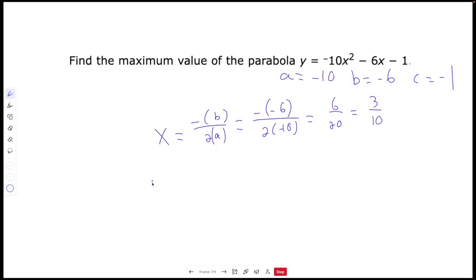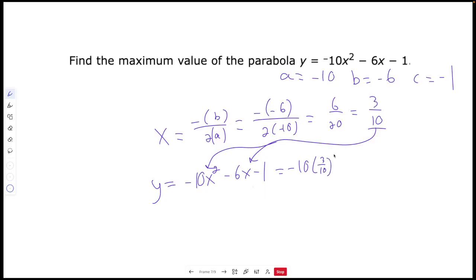Once we have the 3/10, now we go back to our original problem, and we're going to replace all of the x's with the 3/10 that we just got. So now I have -10 times 3 over 10 squared minus 6 times 3 over 10 minus 1. When we plug that into a calculator, we get -1/10.